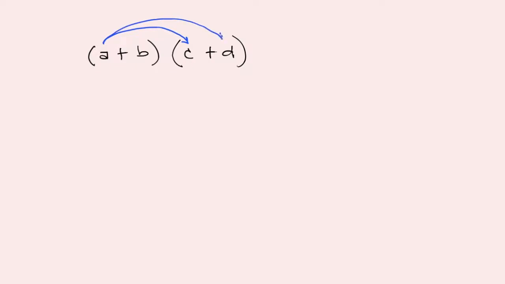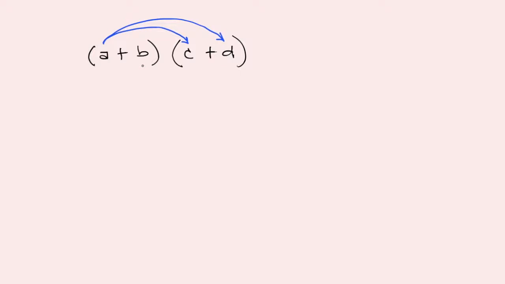So what we just looked at is the form where there's one expression or one quantity outside of the bracket. What if we have an expression in the form a plus b multiplied by c plus d? Now what we have to do here is we take the first term here and multiply it by both terms in the second bracket, and we do the same for b as well.